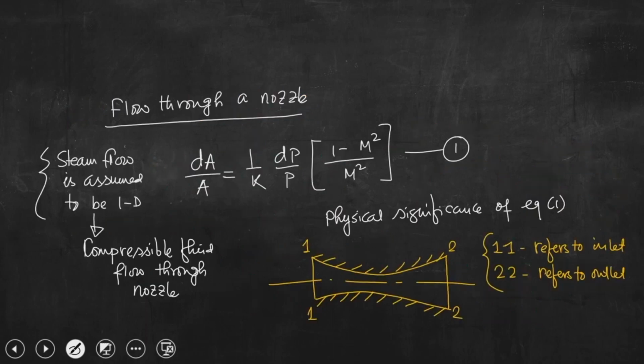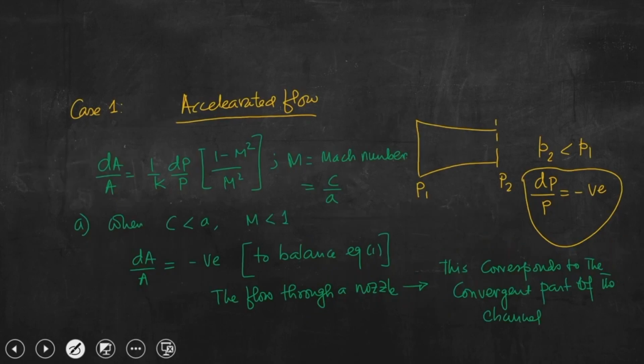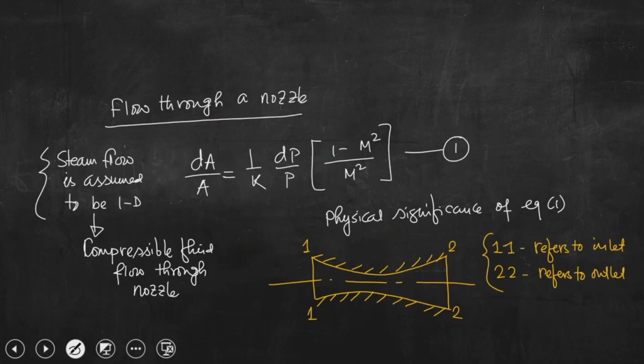If we go back to the previous slide, this is a channel having varying cross sectional area. This case corresponds to flow through the convergent part of the channel, that is the nozzle. So, this is up to here.